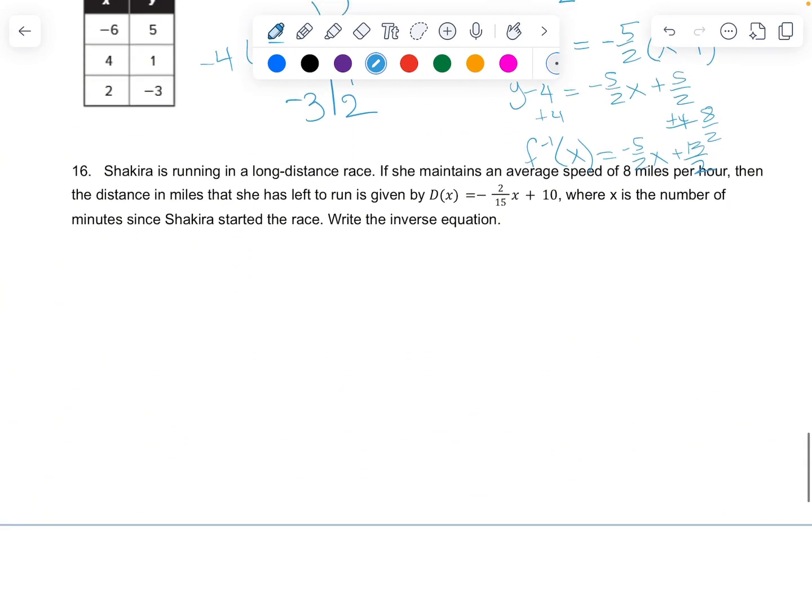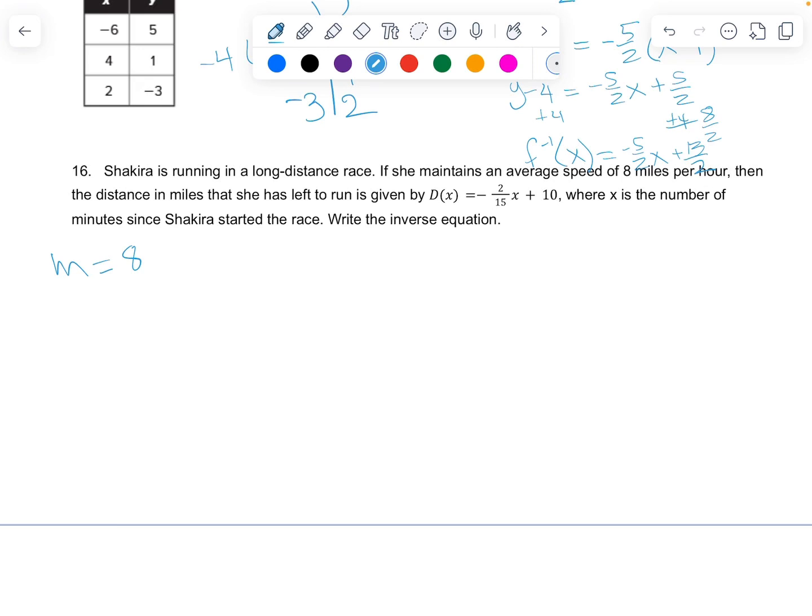Okay, Shakira is running in a long distance race. If she maintains an average speed of 8 miles per hour, then the distance in miles she'd have left, where x is the number of minutes since Shakira raced.